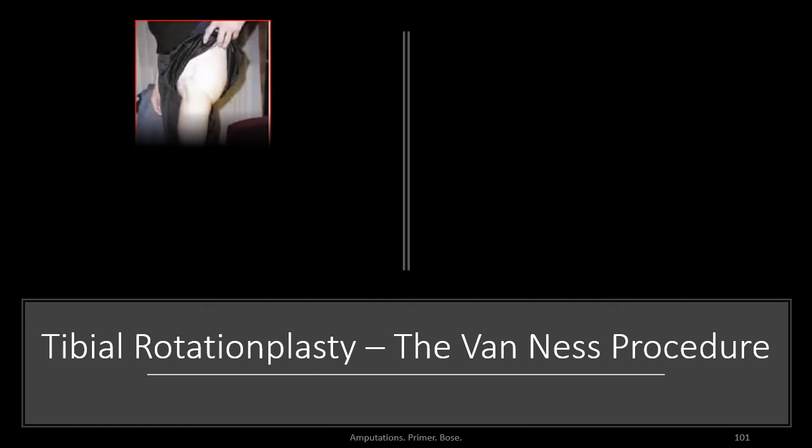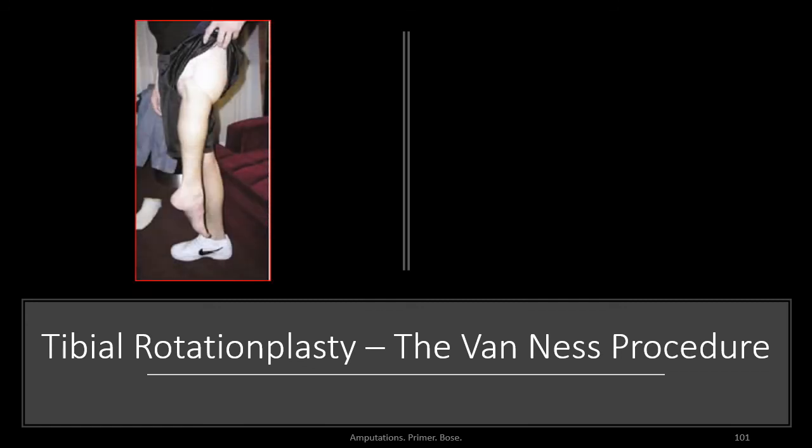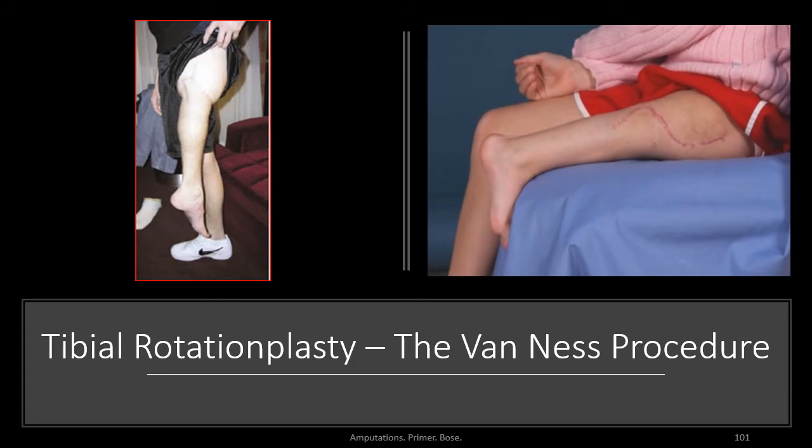This image is the tibial rotationplasty, often done for pediatric bone cancers, for example, osteosarcoma or Ewing's sarcoma, both of which occur near a child's knee in the lower part of the femur or the upper part of the tibia. This rather unusual procedure preserves the lower leg and attaches it to the femur, then uses the ankle joint to work like a knee joint.